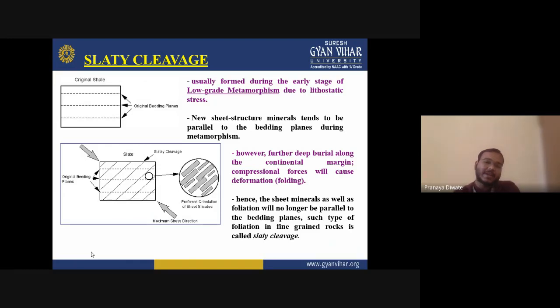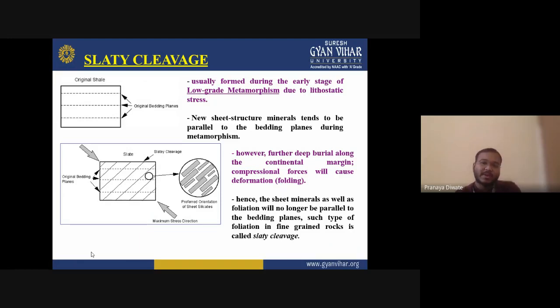Now you have slatic cleavage. You may have used a slate during your childhood to write A, B, C, D. The same slate. The slate is formed from the original rock, shale. From the shale you have slate.